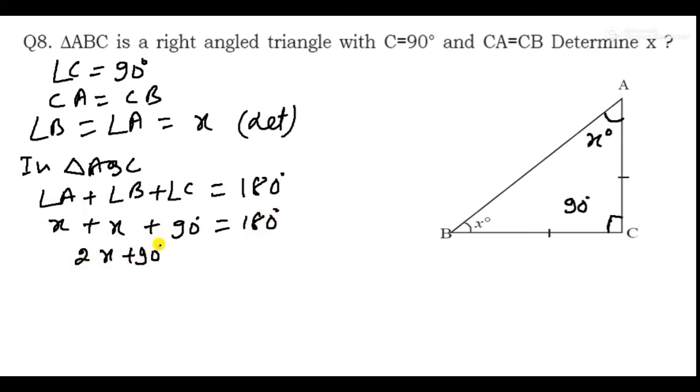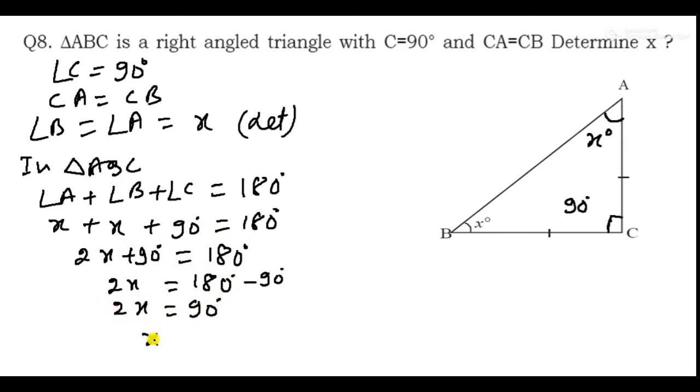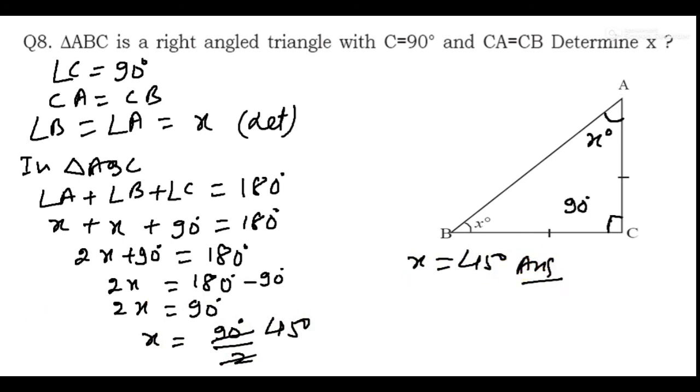It is 2X plus 90 degrees is equal to 180 degrees. So 2X will be equal to 180 degrees minus 90 degrees. Transferring it, it becomes negative. So 2X is equal to 90 degrees. So X is equal to 90 degrees divided by 2. It will become 45 degrees. So X is equal to 45 degrees, and that is your answer.